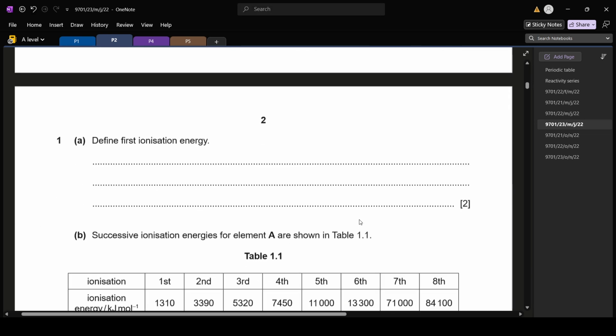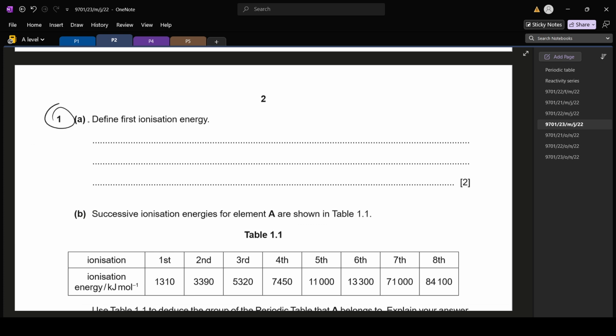Okay, let's begin. Question number 1, part A, define first ionization energy.